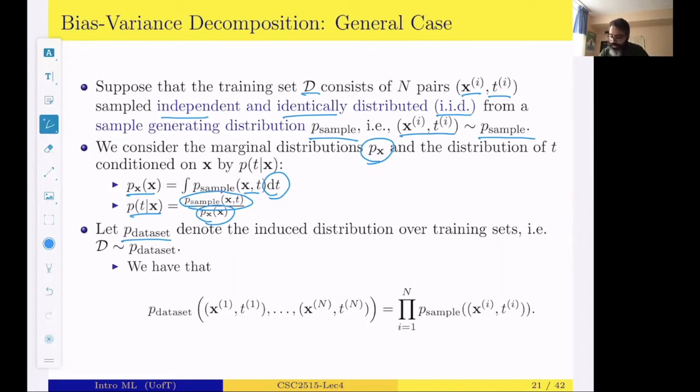More concretely, the distribution of data sets, which is x1 t1 to xn tn, is the product of probabilities of xi ti. The reason we have a product here is because we assume that samples are distributed independently, and because all of them are from the same distribution, not different distributions, they are identical, hence IID.